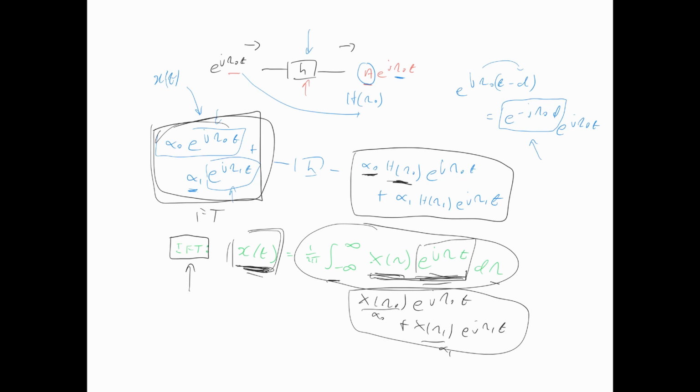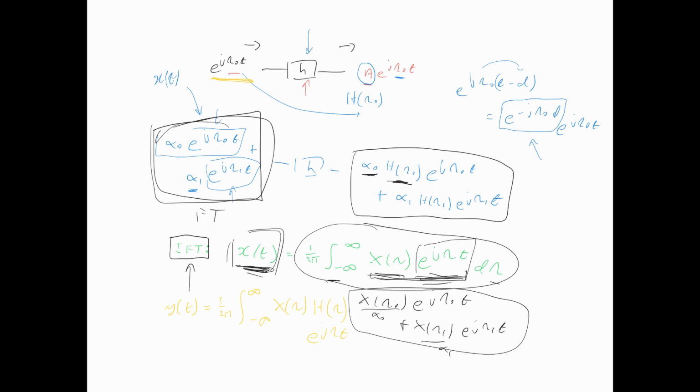capital H. In other words, I expect my output y of t is going to be equal to the same type of a sum of the coefficient at a certain frequency coming in multiplied by the impulse response at that frequency. Then I get the sinusoid at that same frequency.